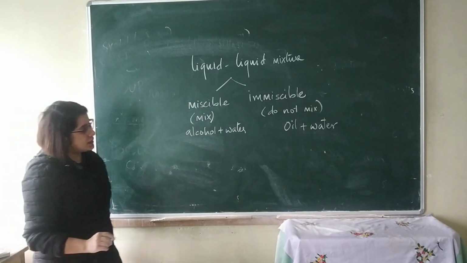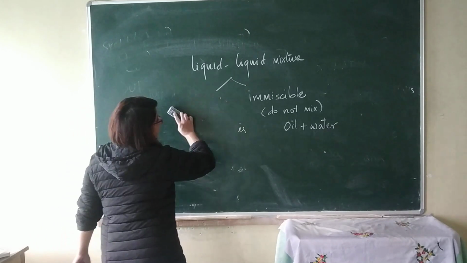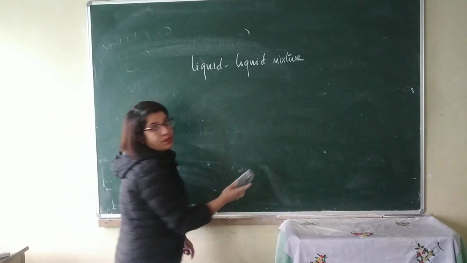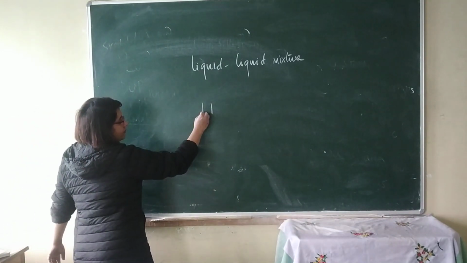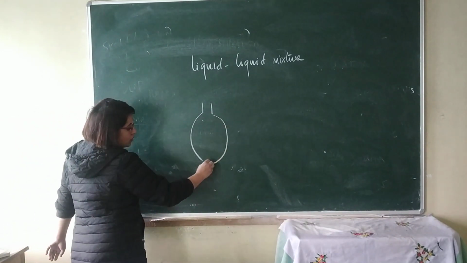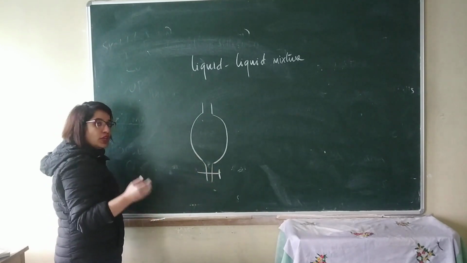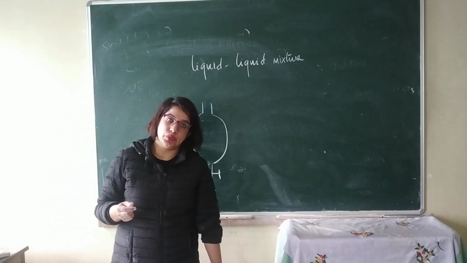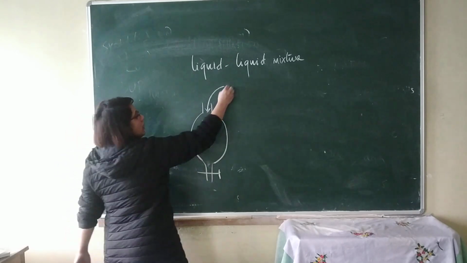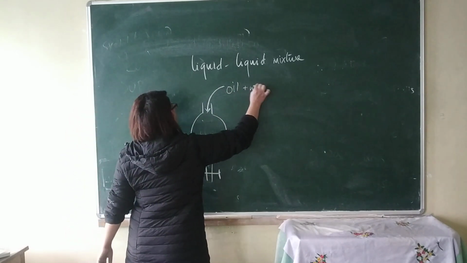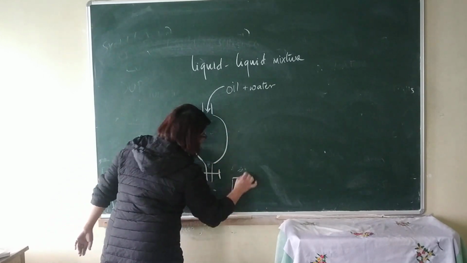So first, let's discuss separation of immiscible liquids. The method is very simple. We take a separation funnel, which has an opening on both sides, but on the lower half there is a tap to control the opening and closing. From the upper opening we add a mixture of oil and water, and below we place a beaker.